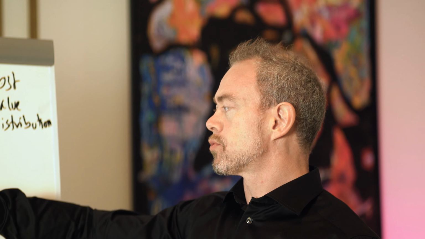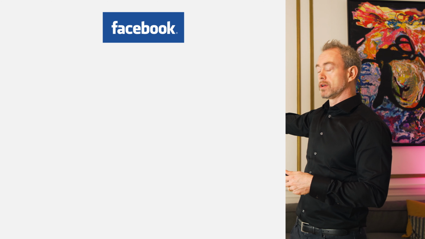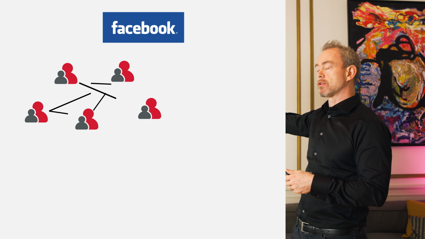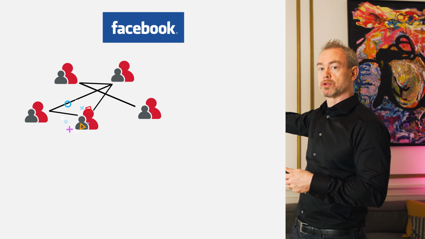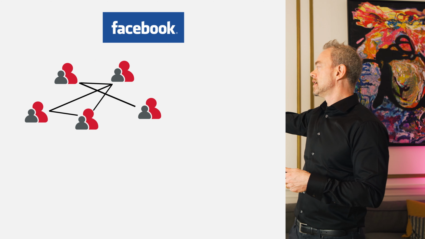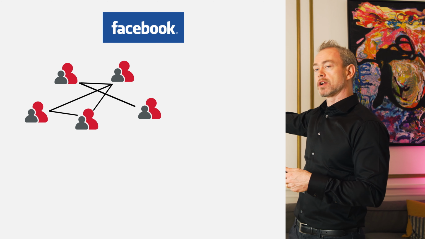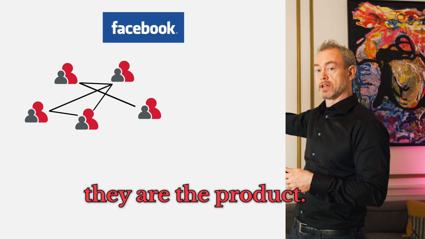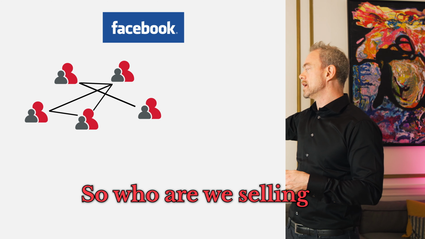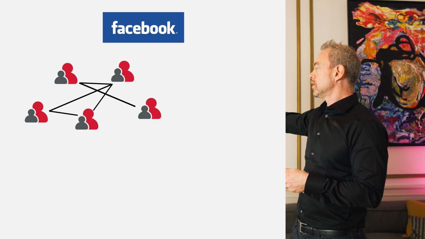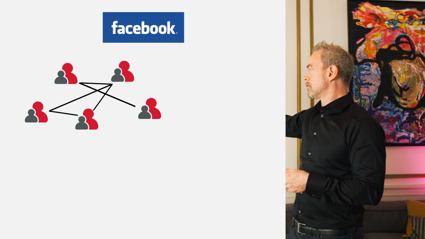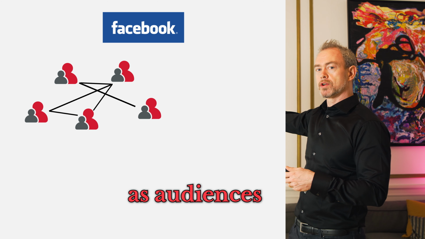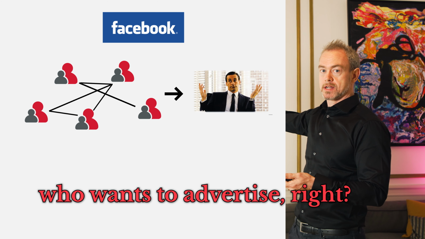If I have another product, let's say Facebook, and I start to distribute it to more and more people because everybody is now on Facebook, it becomes more valuable to everybody on there. And then creating that product becomes easier. But the user is not the customer, they're the product. So who are we selling Facebook to? Well, we're taking all the users for whom it becomes much more valuable to be part of it, and then we're selling them as audiences to people who want to advertise, right?